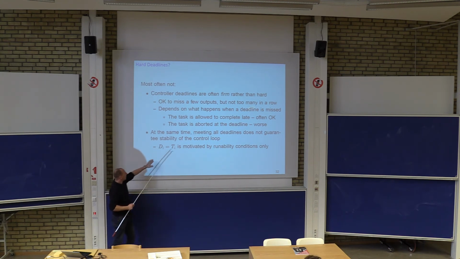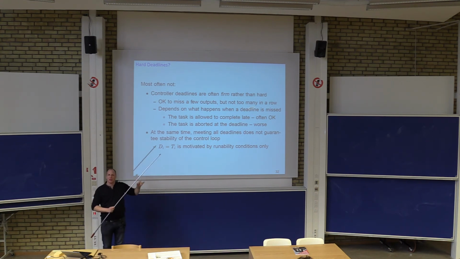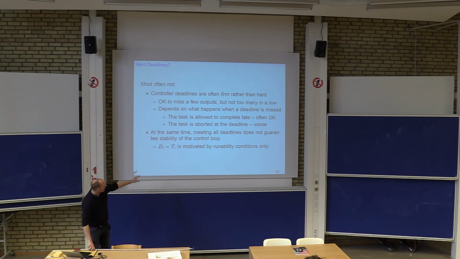Of course you could take this into account. You can think about this as a delay. So when you design your controller, you will have a certain phase margin to take into account that there might be a delay, and then you make it large enough so you know that it will be stable even if you see this as a delay in the control loop.